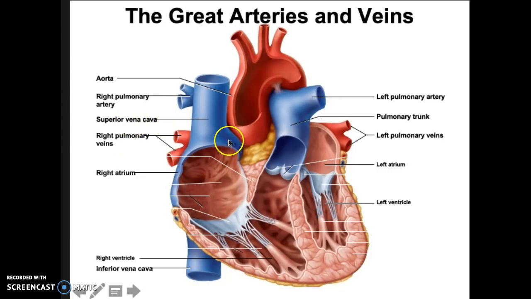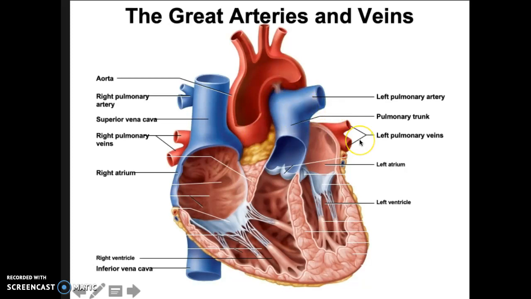Here's another view of those great arteries and veins. Superior vena cava and inferior vena cava deposit blood into the right atrium. Then the pulmonary trunk takes blood from the right ventricle and sends it into the left and right pulmonary arteries.